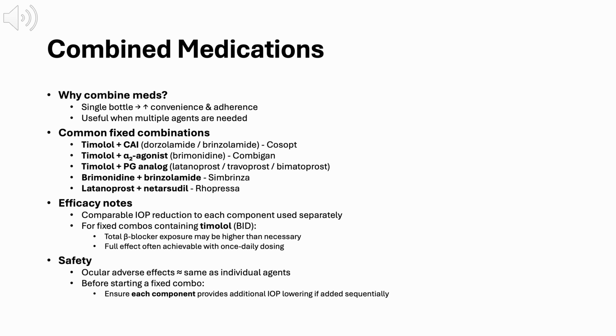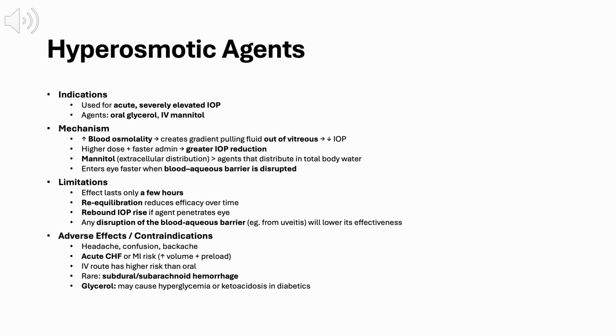Before starting a fixed combination, clinicians should ensure that each component provides measurable IOP benefit when used alone. That way, the combination truly adds value rather than unnecessary exposure. Now, let's shift to hyperosmotic agents, which are reserved for acutely and severely elevated intraocular pressure.